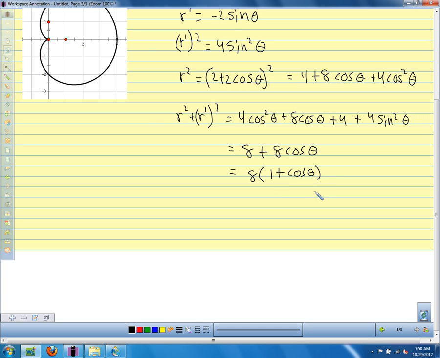The square root of 1 plus cosine θ is difficult to integrate. But we had a nice double angle formula that we talked about the other day. This is a good identity to keep in the back of your head, not necessarily memorize. 1 plus cosine θ is 2 cosine squared of θ/2.